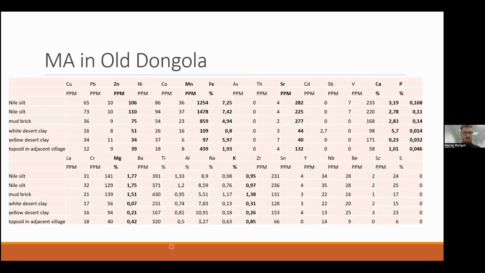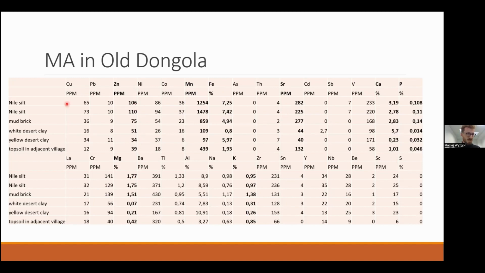In case of Old Dongola, and most likely more generally in the Middle Nile Valley, there is another challenge, namely the main building material is the Nile alluvium, which is already rich in elements that are usually associated with some human actions. So zinc, for instance, manganese, iron, strontium, calcium, phosphorus, magnesium, potassium.